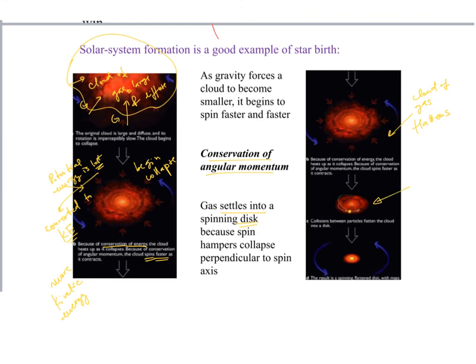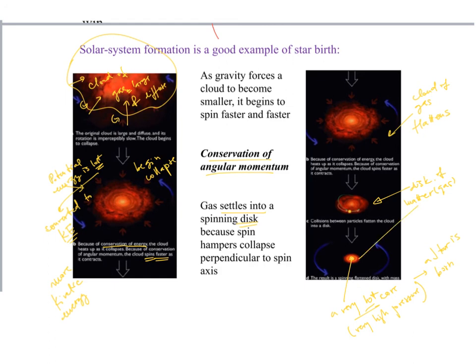So we end up with a disk of gas around a very hot core, with very high pressure as well. This is where the star is born. The disk around it is where planets are going to form.